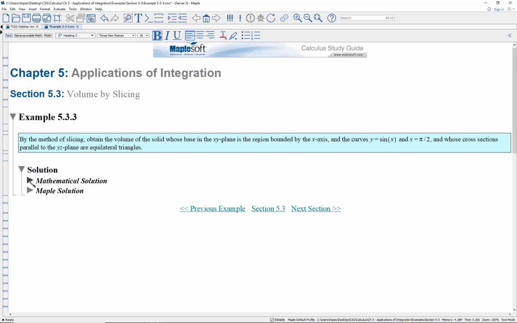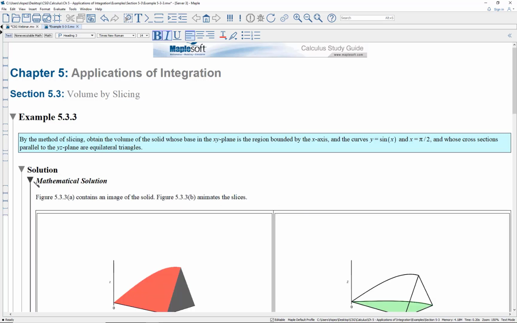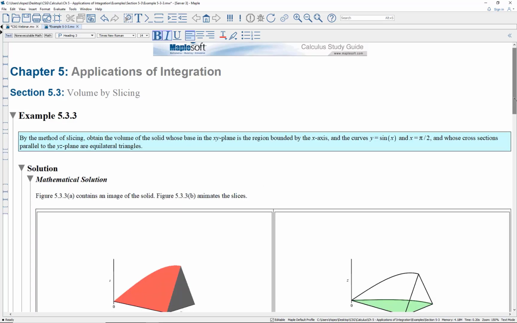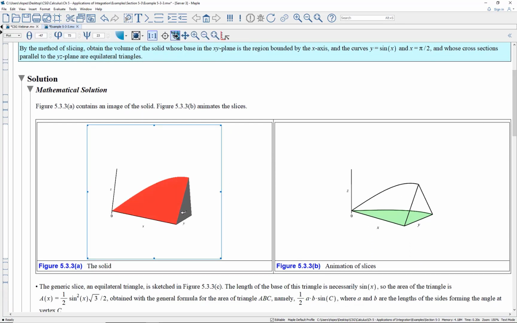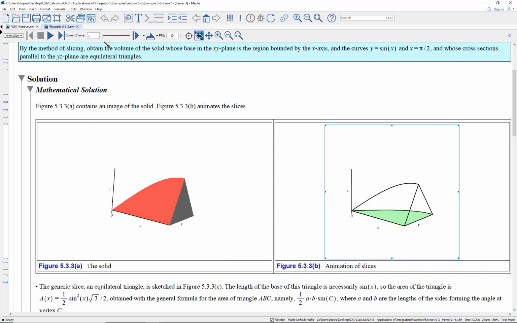So of course we can visualize the region and set up the integral without any trouble. I don't think so. This is what the solid looks like. This is an animation that shows the equilateral triangles moving back and forth, filling the volume.